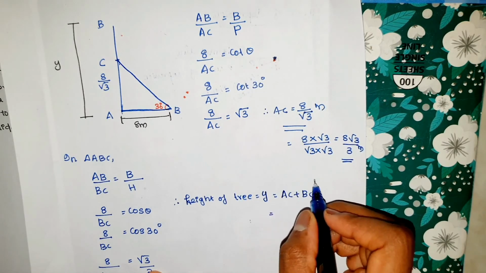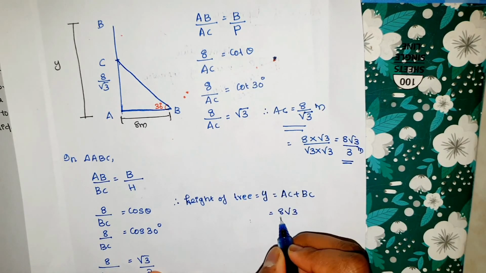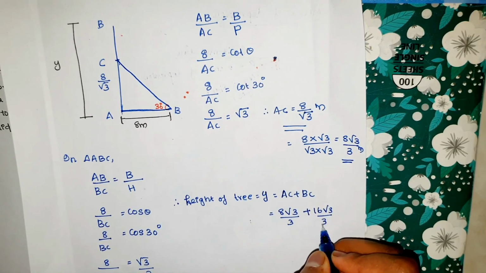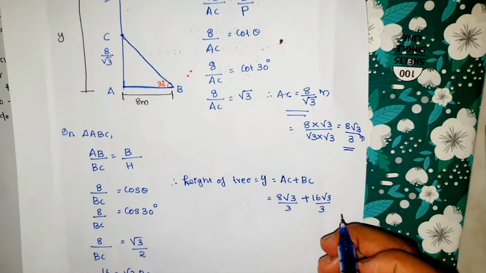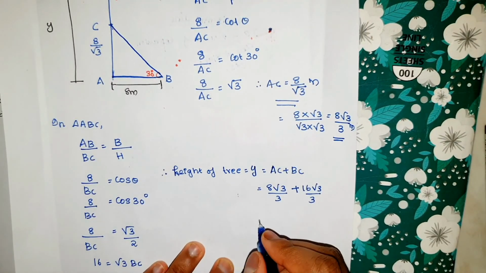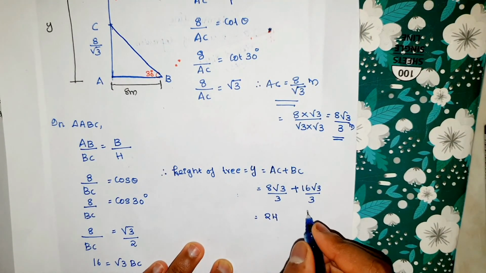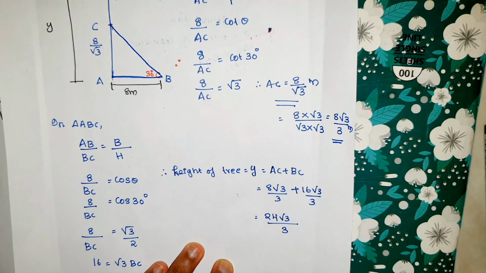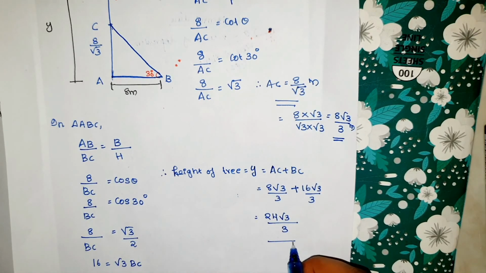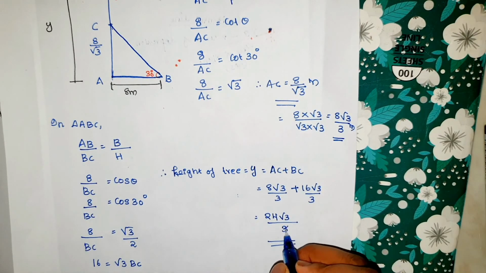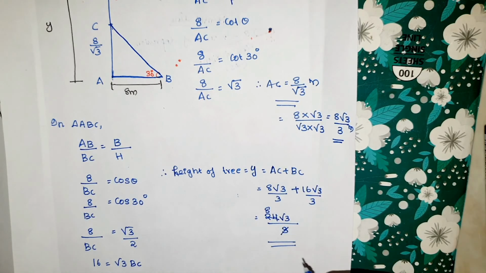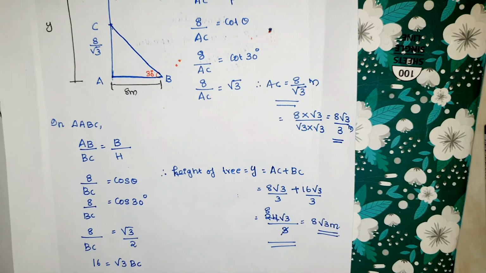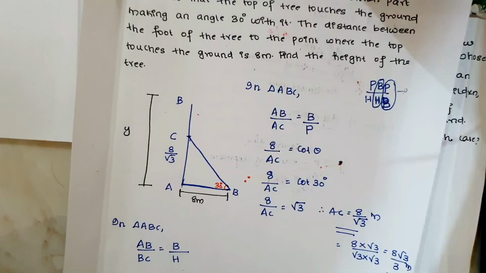AC is 8 root 3 by 3 plus 16 root 3 by 3. Okay, so 8 plus 16 is 24 root 3 by 3. So this is our answer, 24 root 3 by 3. Here I can cancel 3 into 8, which is 24. So 8 root 3 meter is the height of the tree.